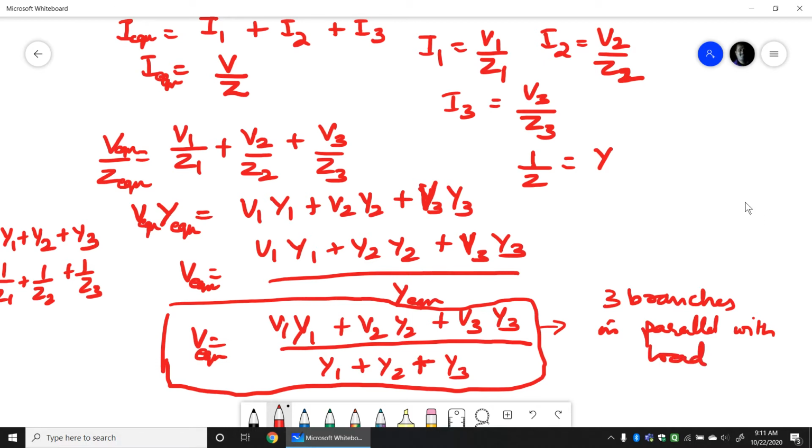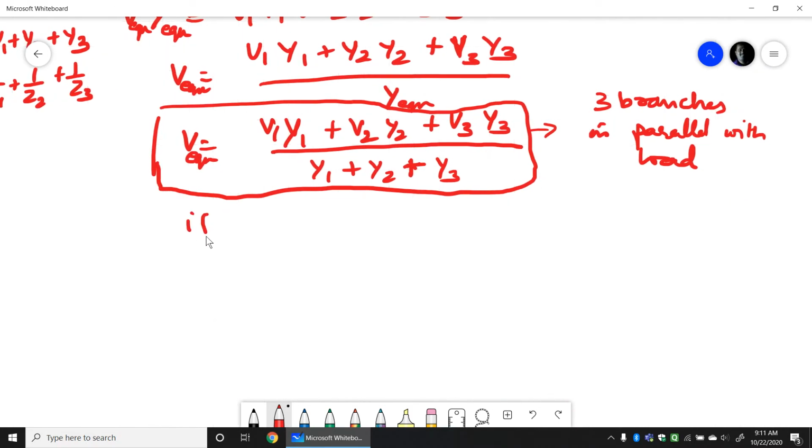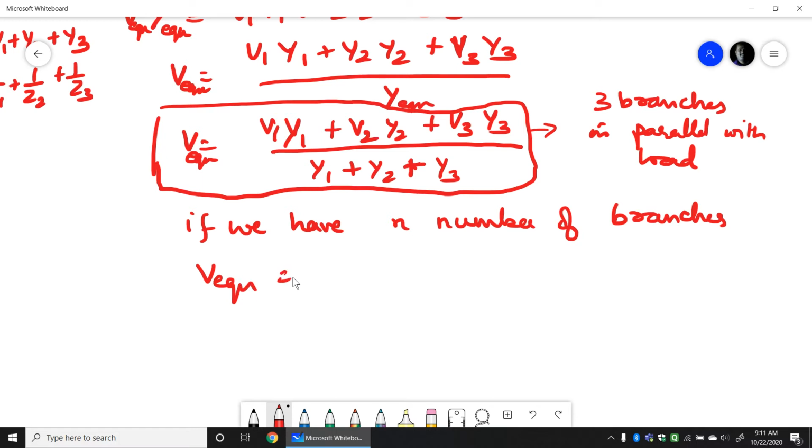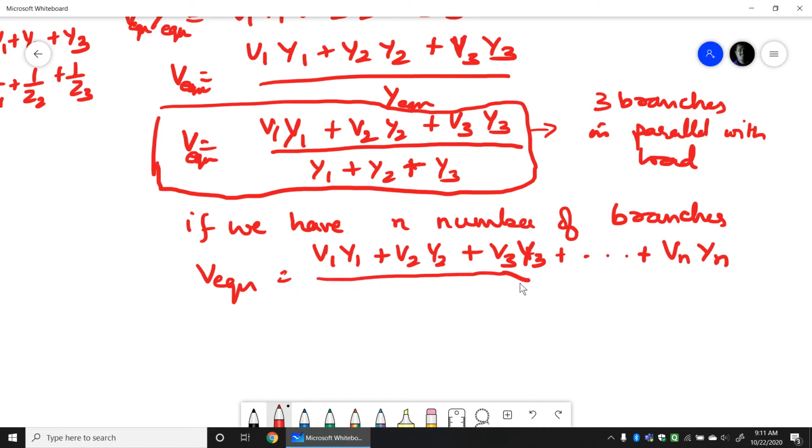If we have n number of branches, then V equivalent would be equal to V1 Y1 plus V2 Y2 plus V3 Y3 plus so on plus Vn Yn. So if you have n branches, it just gets summed up, and this will be divided by Y1 plus Y2 plus Y3 plus so on plus Yn. So this is the derivation we did for 3 branches; now if we have n branches, this is what we get.